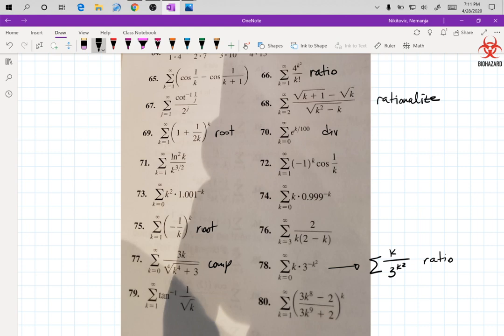Because you have a polynomial on top and exponential of some kind in the bottom. Same goes here when you rewrite, right? Ooh, finally! I gotta use a different color, green.